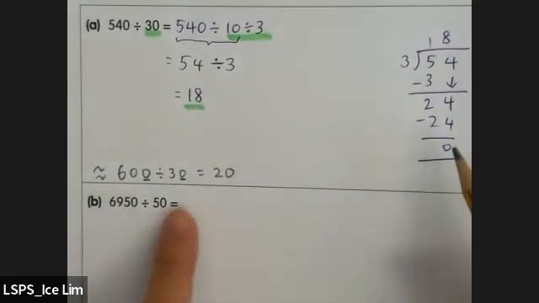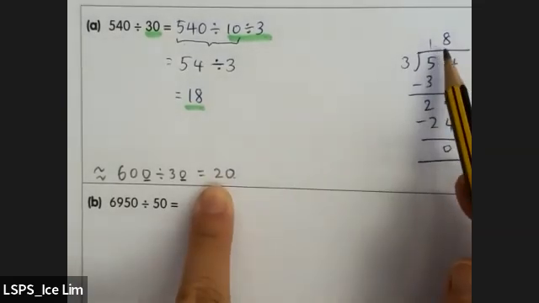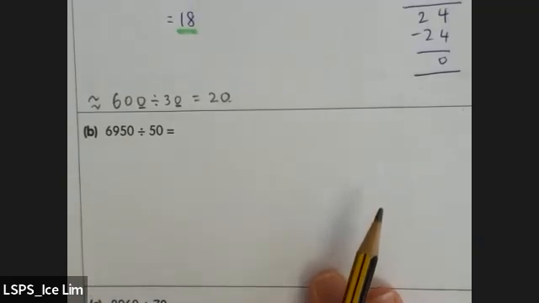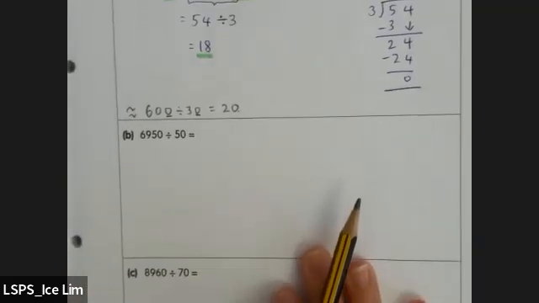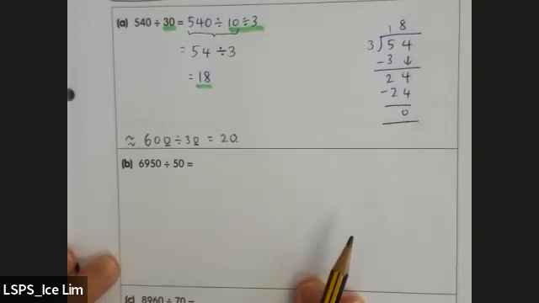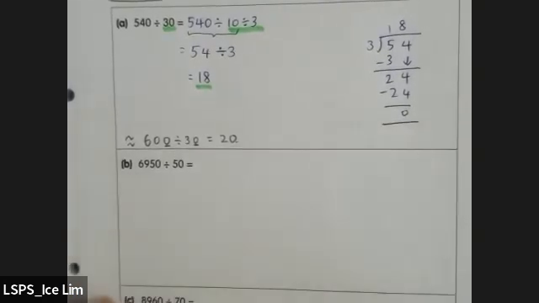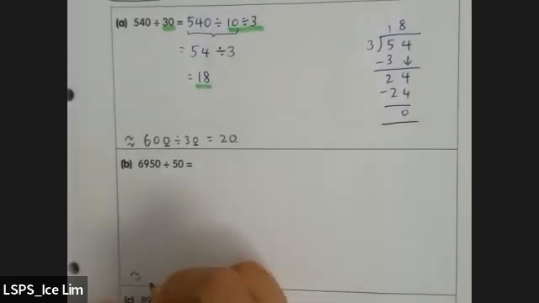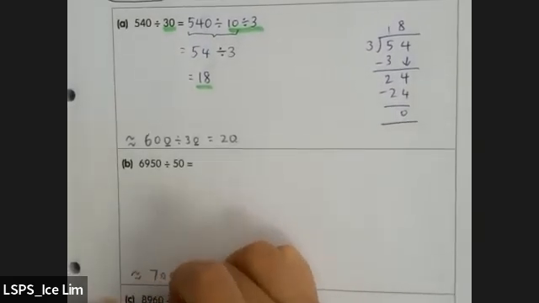So you can see that it's pretty close, the estimation. Now, let's say I estimate for this one here. I can go with 65,000 as an estimation, or I can go with 7,000.